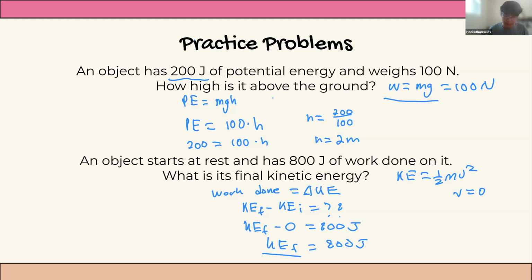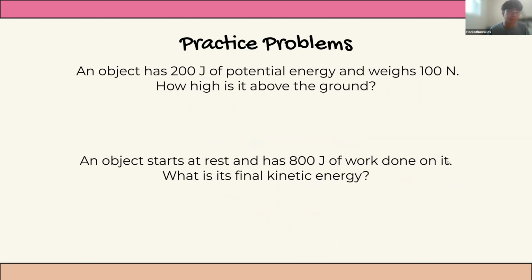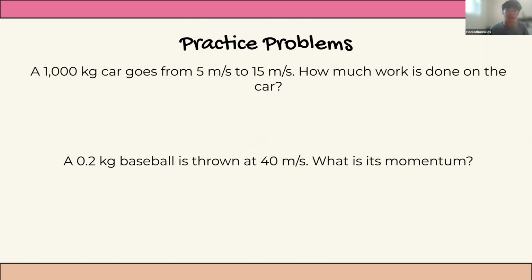All right, I'll move on to our next slide. Let's look at this question. A 1,000 kilogram car goes from 5 meters per second to 15 meters per second.